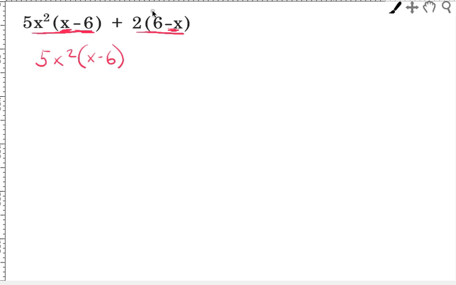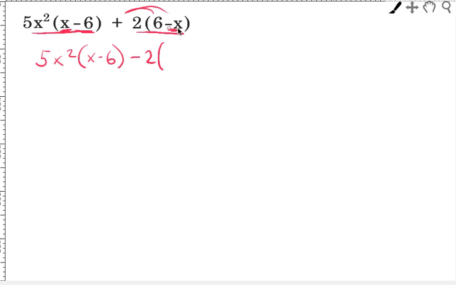Now when I pull out a -1 from both of these terms, on the outside I have -1 times 2, which is the same as -2. And now I have a choice here. I can simply create an extra step and say, well, then plus 6 becomes a minus 6, and the minus x becomes a plus x. I can certainly do that. Or I could quick step the whole situation here and rewrite.